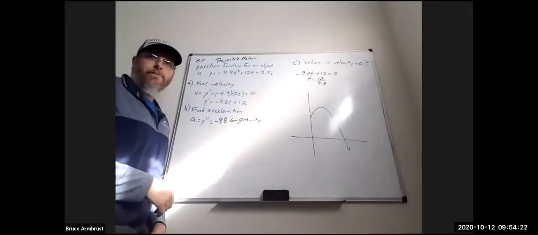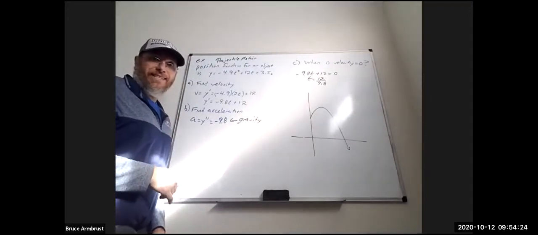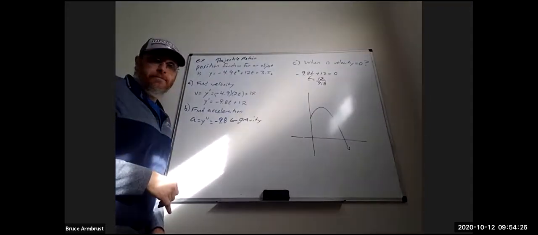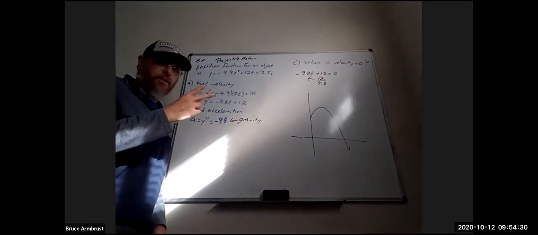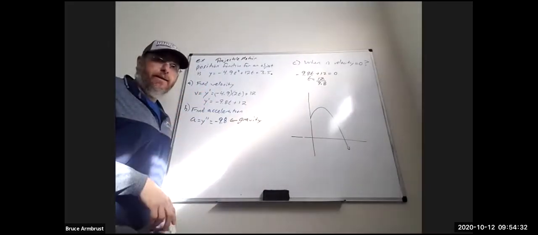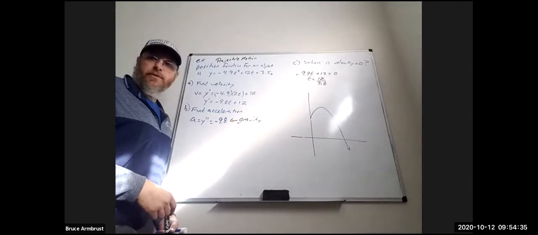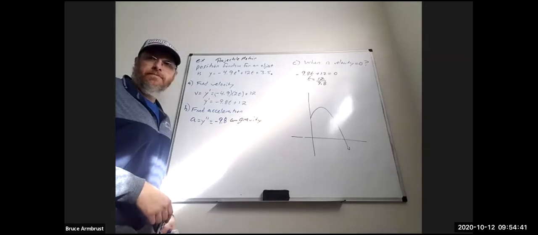Okay, so let's think about what it means for the derivative to equal 0. And let's think about it as tangent lines. Let's go back to number 2 on our list. Kind of think about that. So what does it mean if the slope of the tangent line is 0? What kind of lines have a slope of 0? Constant.